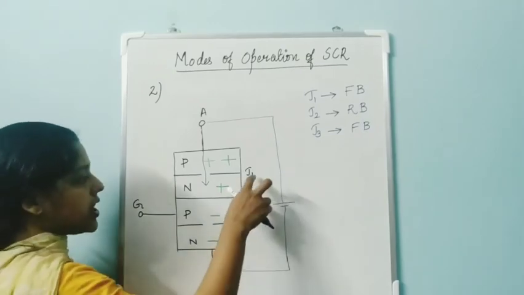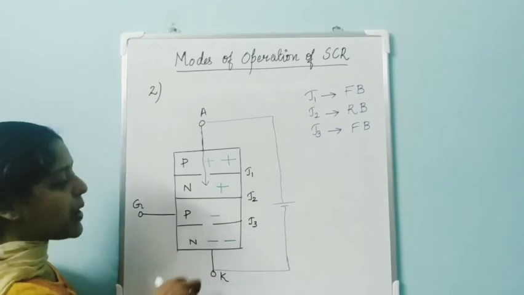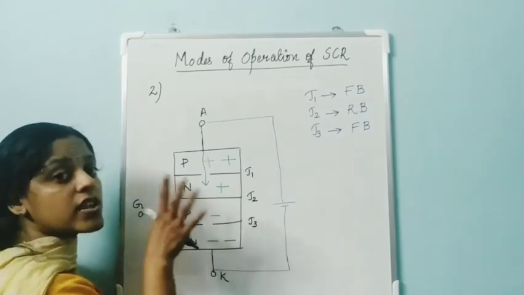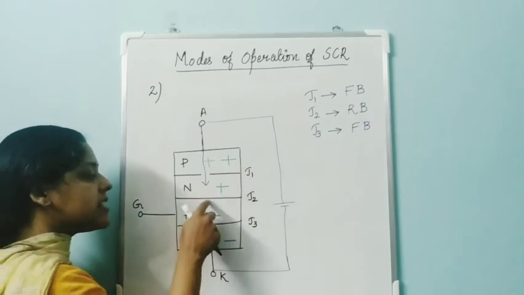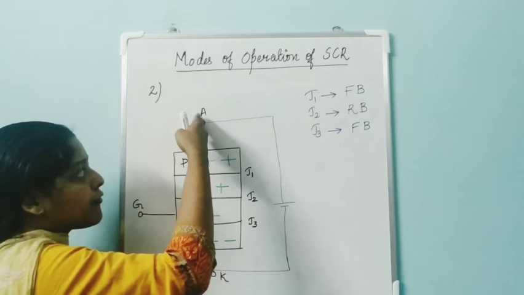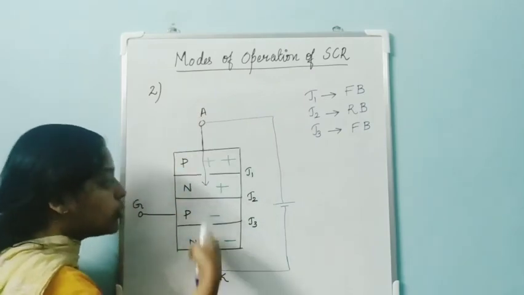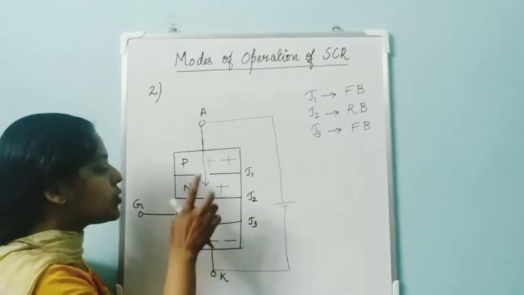Okay. So junction J1 is ready to conduct. Junction J3 is also ready to conduct. But what about junction J2? Junction J2 is not ready to conduct. So as long as this junction is not ready to conduct, there will not be any current flow from anode to cathode through this device. Isn't it? Because junction J2 is blocking.